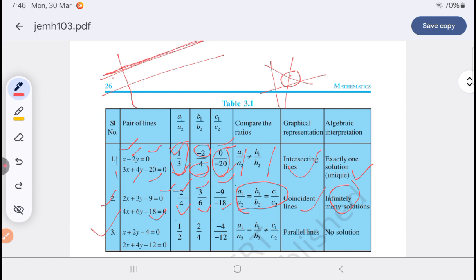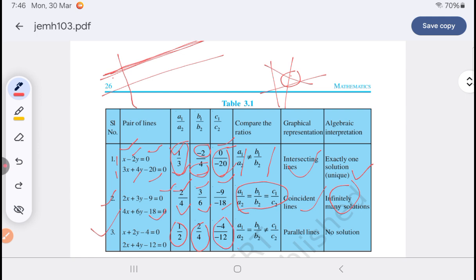So the third one: x plus 2y minus 4 equal to 0, and another line is 2x plus 4y minus 12 equal to 0. Here a1 by a2 is 1 by 2, b1 by b2 is 2 by 4, and c1 by c2 is minus 4 by minus 12.